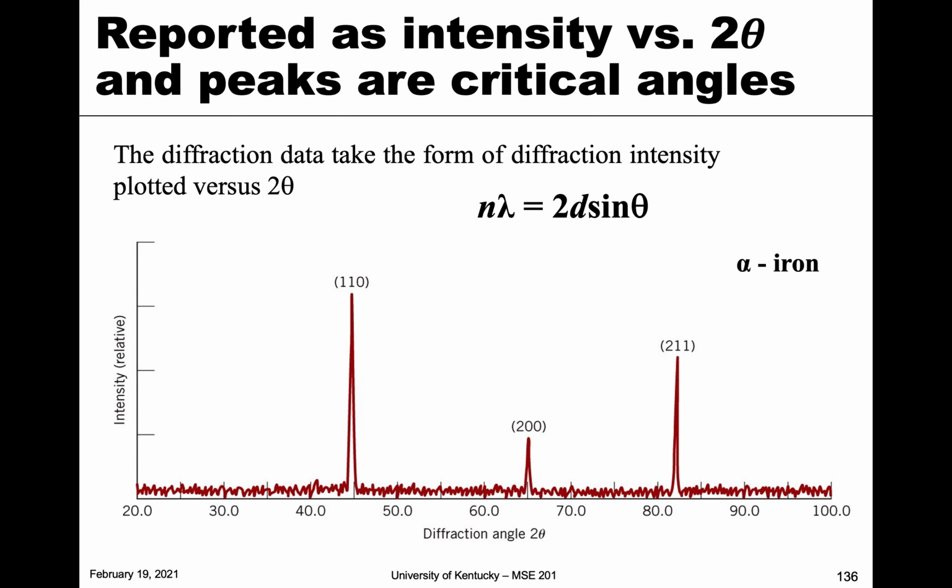All right, so let's go ahead and look at the results of this experiment. Like I said, we're going to plot the diffraction angle 2 theta, so that's the angle between the X-ray source and the detector, and then intensity. And so this is how many X-rays are produced.